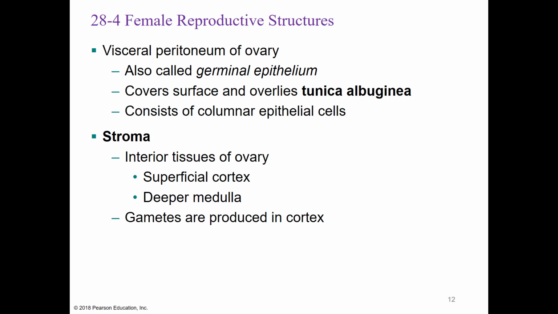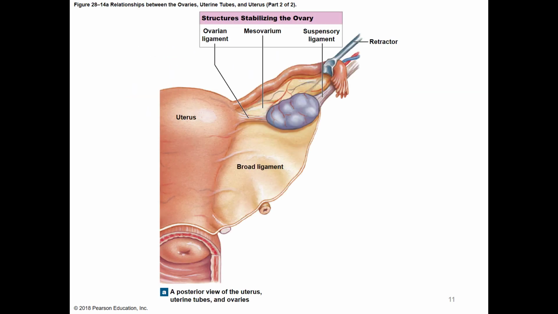The stroma is the interior tissue of the ovary, and it's got a superficial cortex, so this is what we're going to find on the outside, and a deeper medulla, which is what we're going to find on the inside. The gametes are produced in the cortex, or that outer edge.